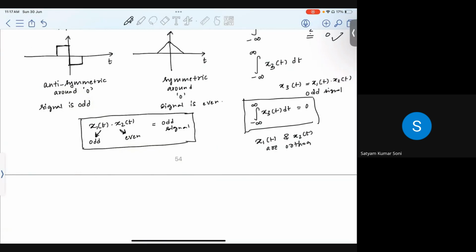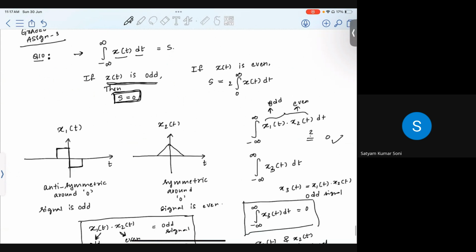You may not be given the values, whether this is -1 or +1. I wantedly did not give you the values because I wanted to test your property skills. So it is always advisable to understand the concepts. If you're asked to find the integration, instead of blindly doing the integration, you can apply certain techniques, and just by looking at the signal, for certain signals, you can say what happens to the integration.